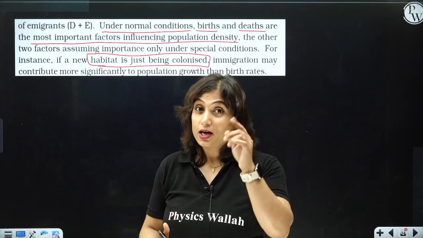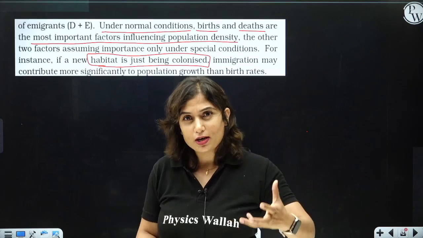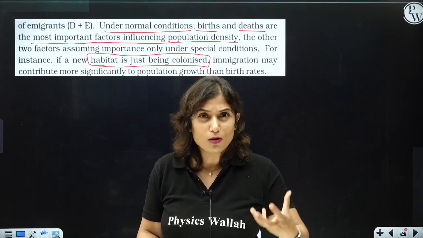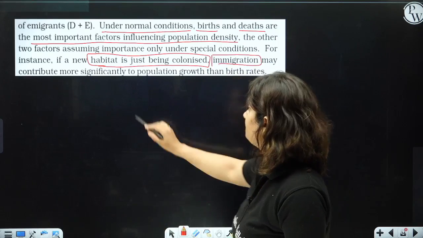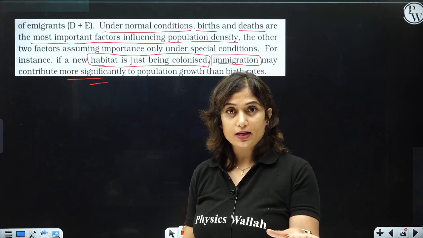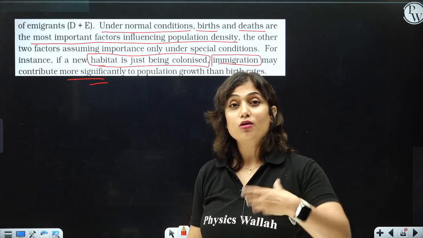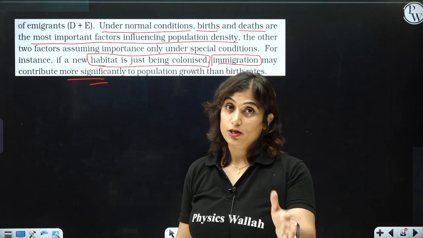So if the habitat is not colonized yet but is under the process of colonization, then immigration is the most important factor. Under normal conditions, death and birth rate are the important factors. But if the habitat is colonizing, then immigration is the most important factor which affects the population density.